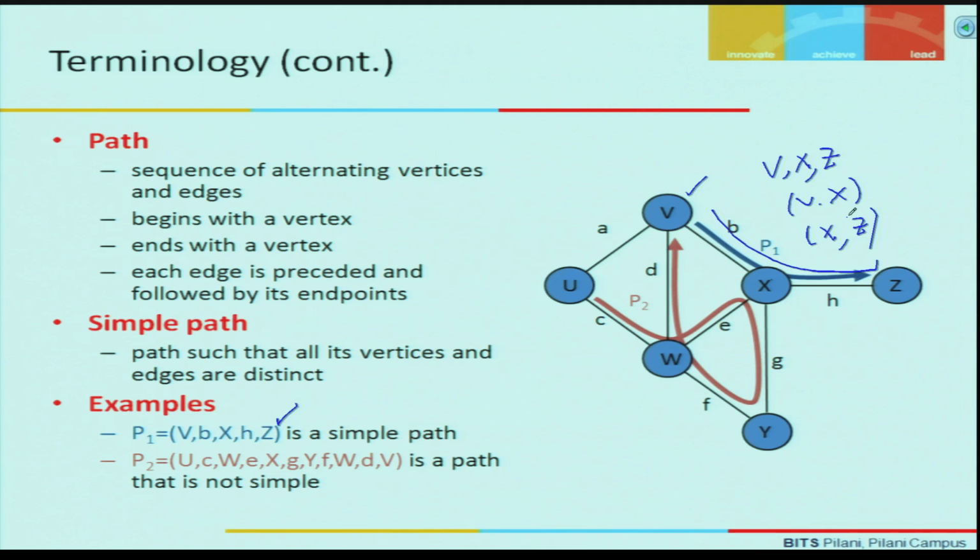Whereas, if you look at P2, it is from U, it takes C, goes to W, takes E, goes to X, takes G, goes to Y, and from Y it takes F and comes to W. So, this W vertex is repeated in the path. Such a path is not a simple path. So, path can be simple or can be not simple path.